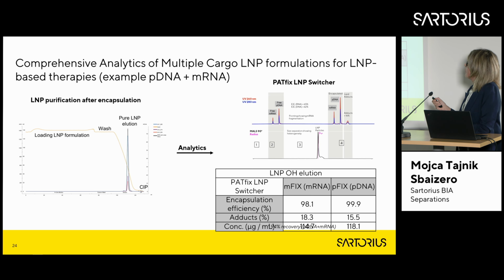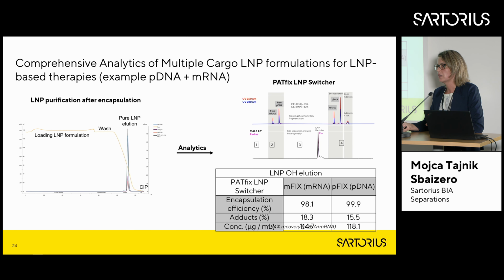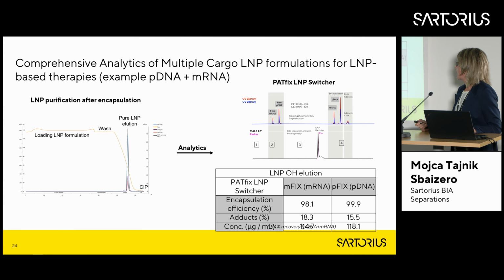So we got here the chromatogram for the non-encapsulated and encapsulated nucleic acid, so we can actually distinguish between mRNA and pDNA in each sample. It not only gives us a complete nucleic acid concentration, but actually for each payload that is inside the LNP.